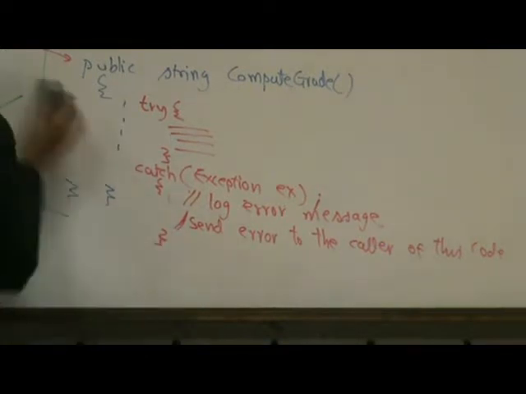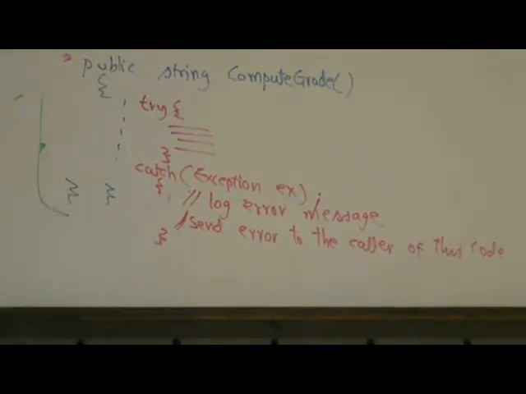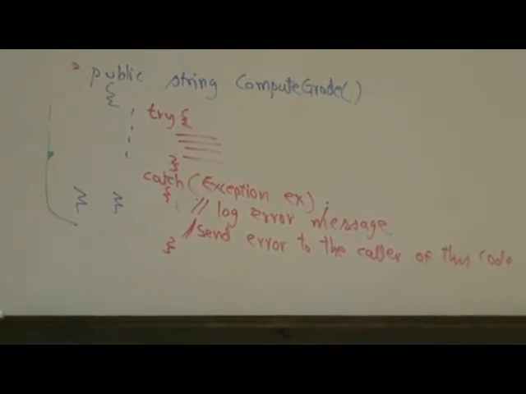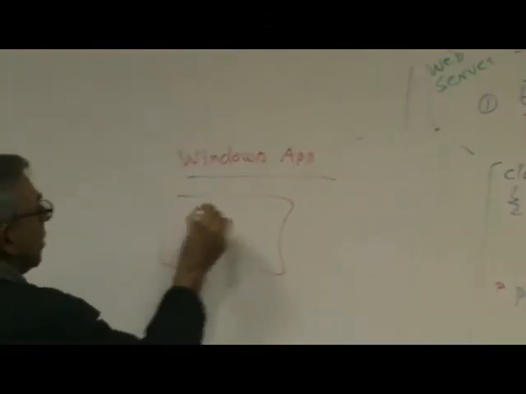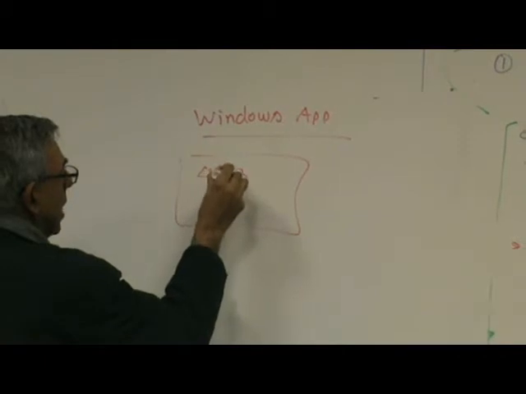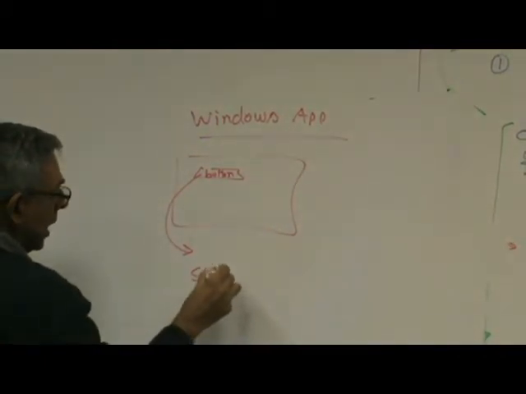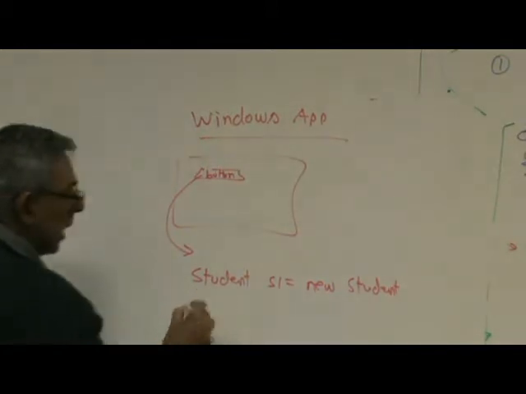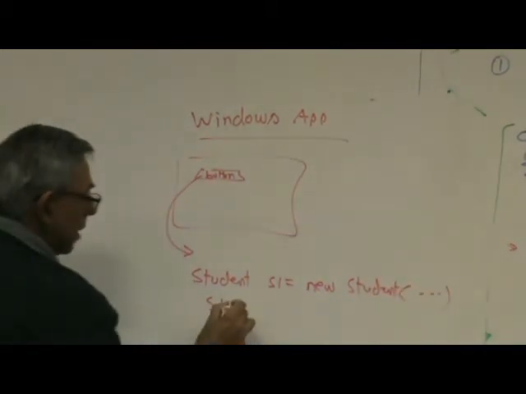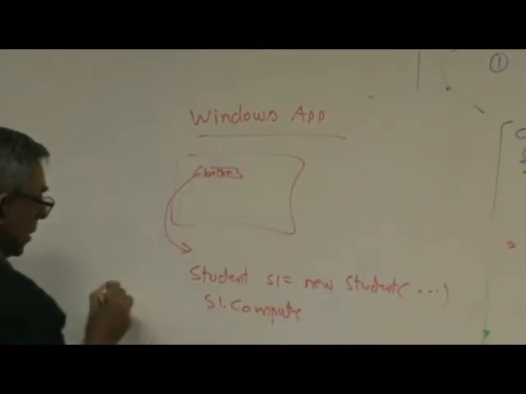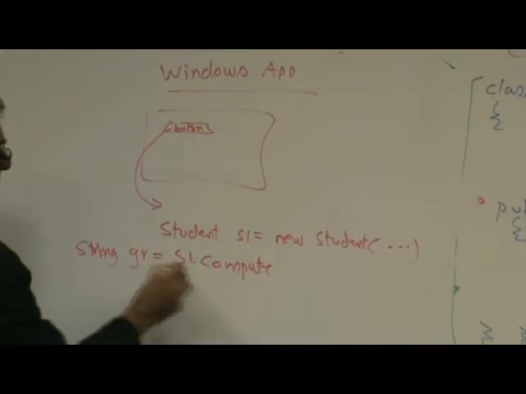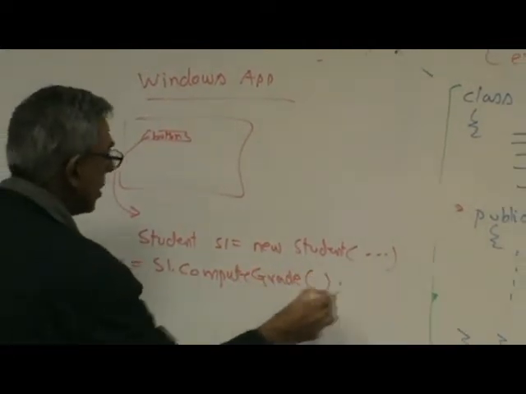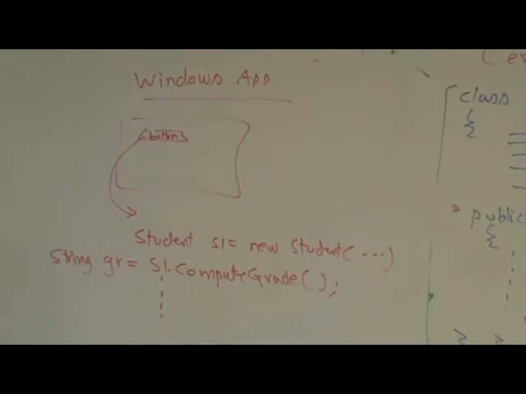So now let's pretend you were creating a Windows application, and somewhere in your form you had a button, and once you click on the button you were doing something like this: Student s1 equals new Student, and then s1.ComputeGrade, string gr equals that.